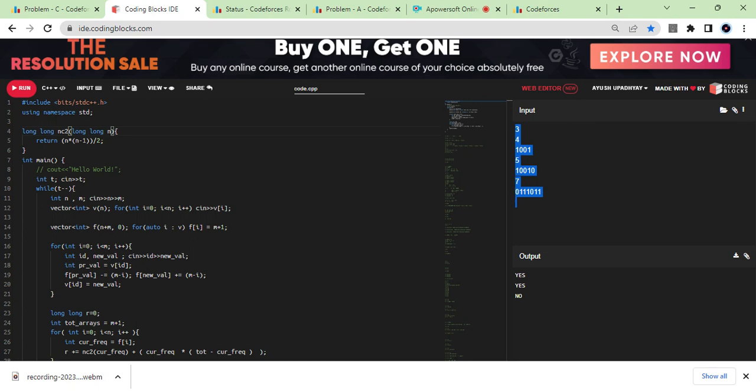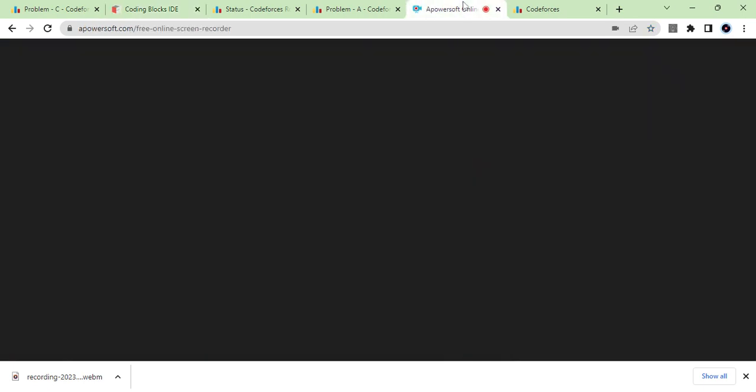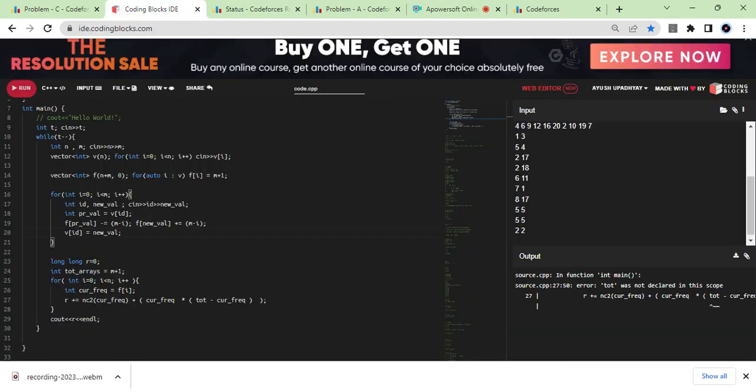Let's test this. Frequency, very simple question in terms of 44 minutes, 42 minutes. TOT was not defined, total arrays, but yeah, whatever. We can just say m plus 1 also.